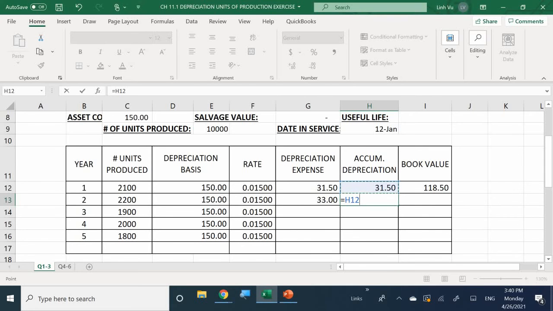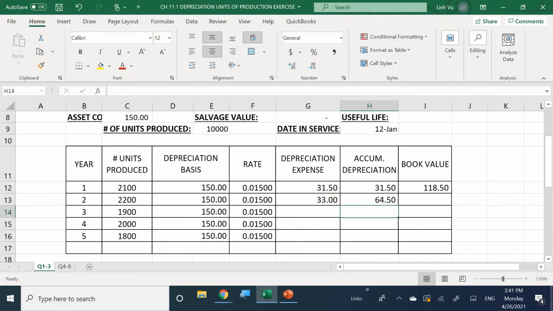So it's going to be the 31.50 plus the 33, which comes out at 64.50. Good. So your accumulated depreciation is basically your running total of how much you need to depreciate in total for year 2.